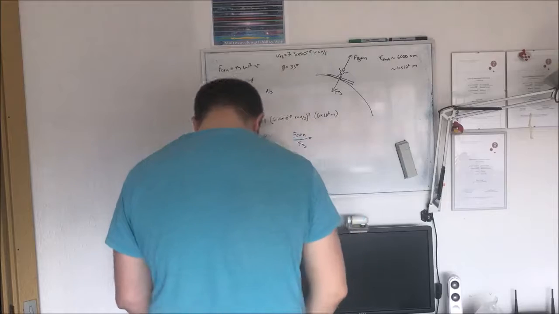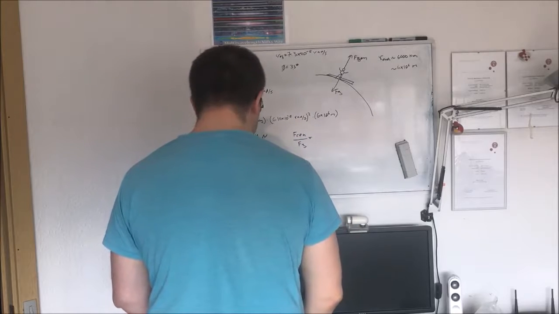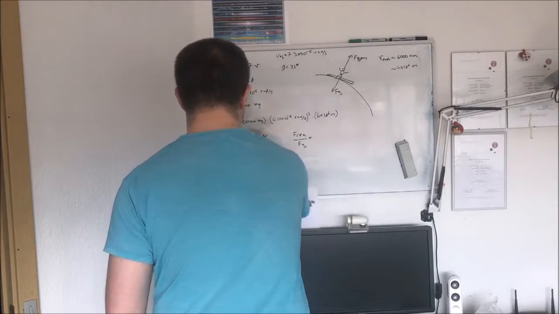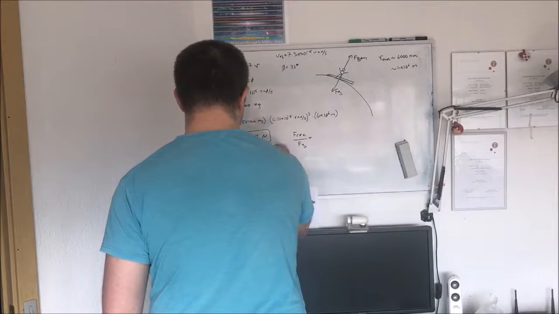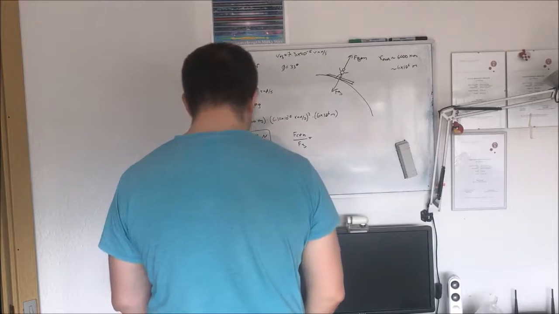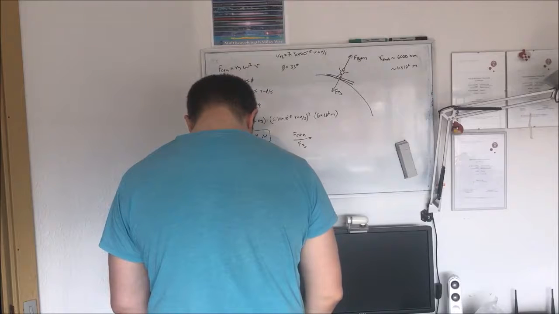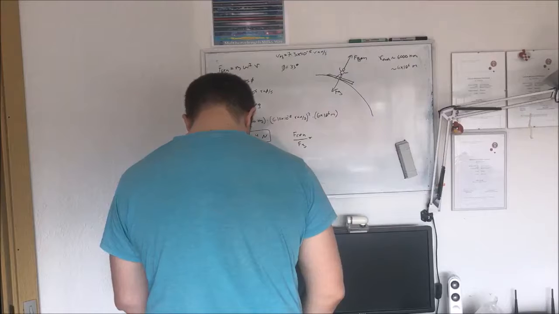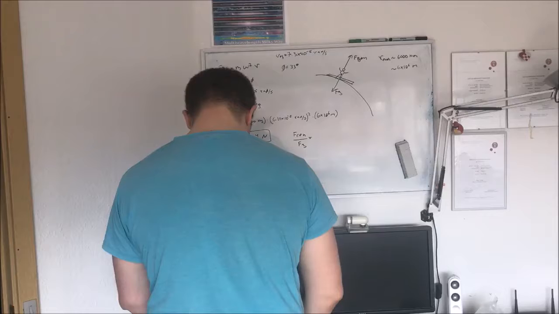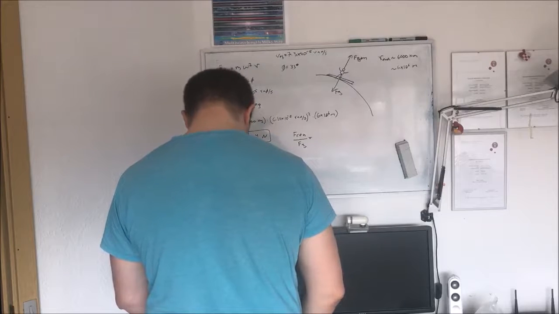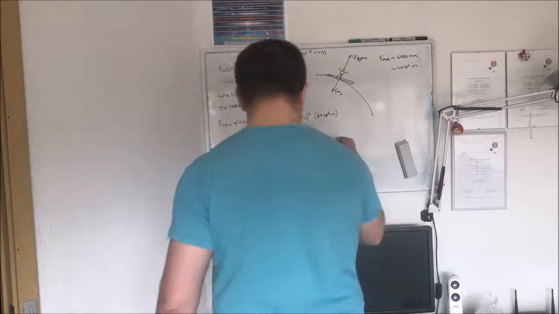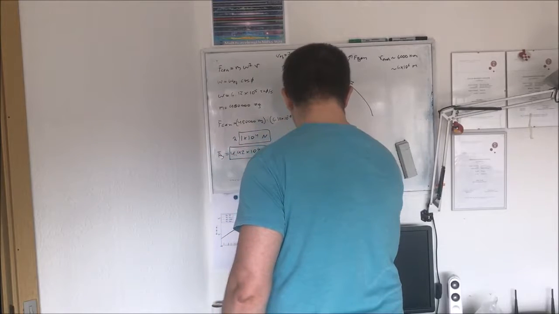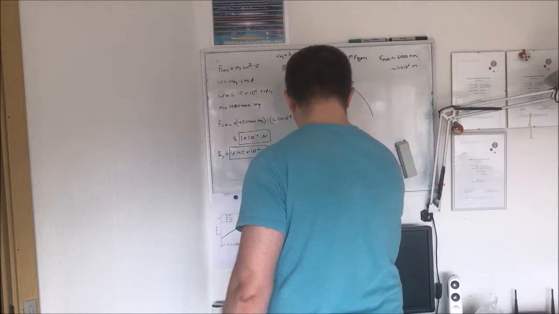And let's calculate that. So we say 1 times 10 to the 4 divided by 4.42 times 10 to the 6th, times 100, 0.23%.